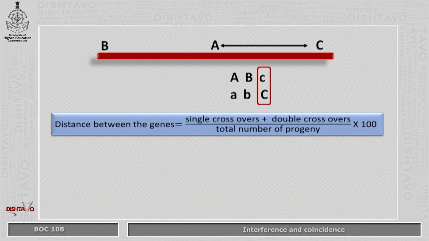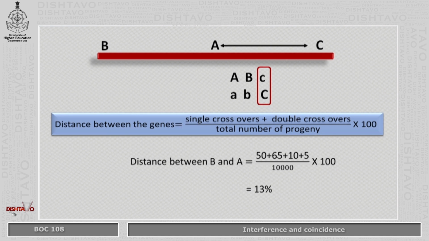Following the same formula, the distance between genes A and C will be equal to single crossovers plus double crossovers divided by the total number of progeny multiplied by 100. In this case, the single crossovers are 50 plus 65, adding to the double crossovers, that is 10 plus 5, divided by 1000, multiplied by 100, giving us 13%.